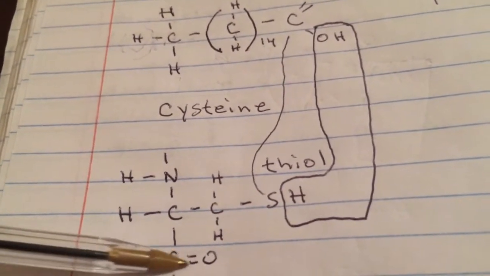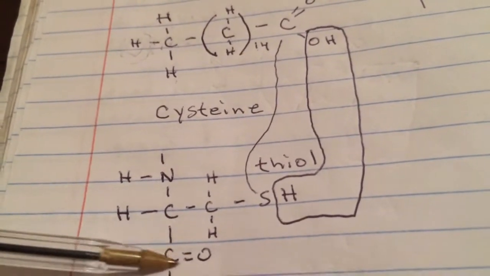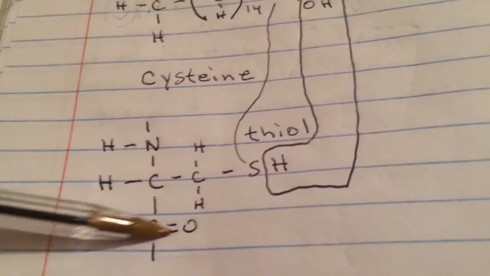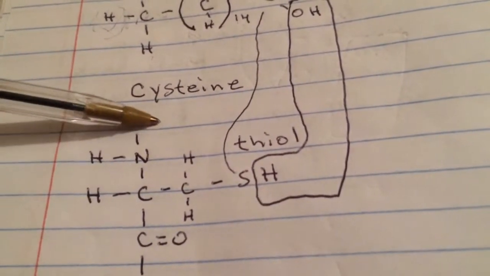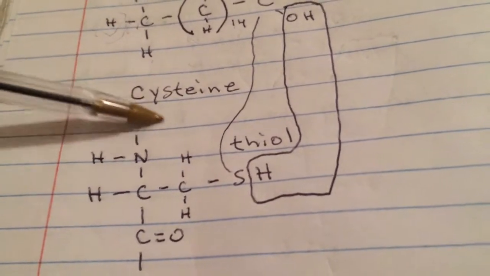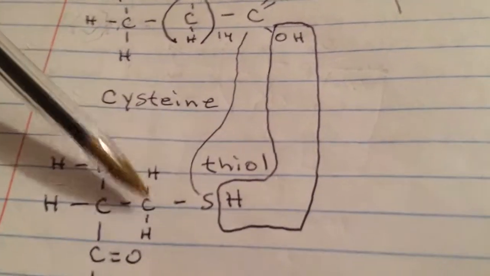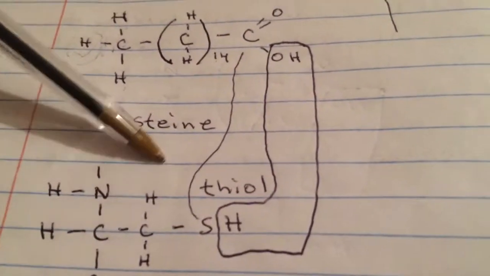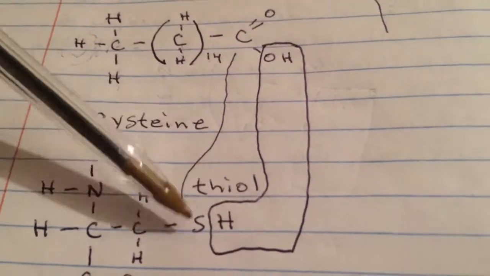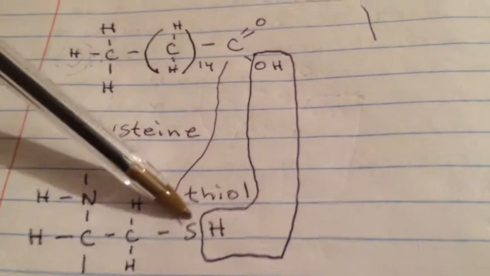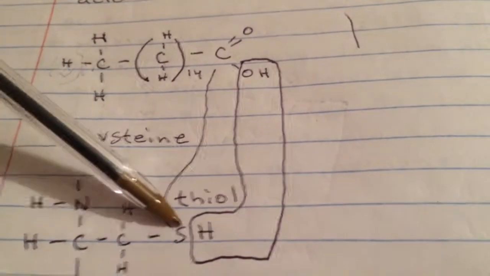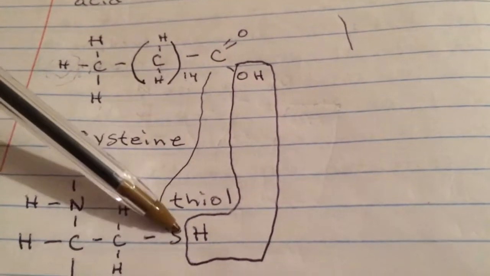But the cysteine has a thiol group off its R group. It's a methylene group, and then the thiol group here. The thiol group is very similar to an alcohol group, but instead of an oxygen, it's a sulfur.